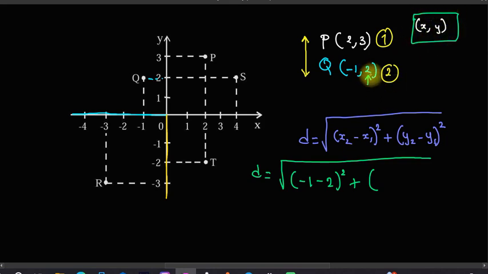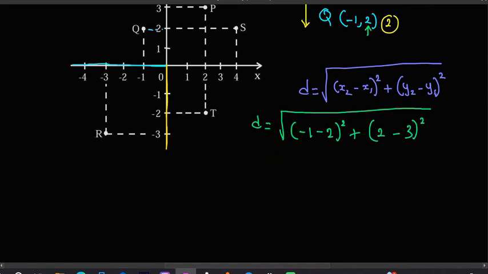So the second one is y2, right? So we have 2 minus y1, so this is y1, minus 3 squared.